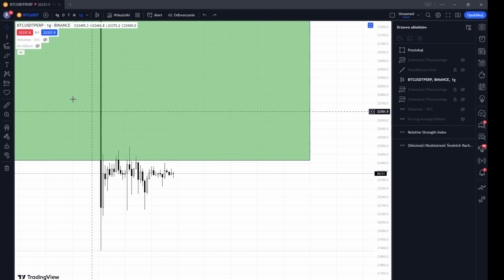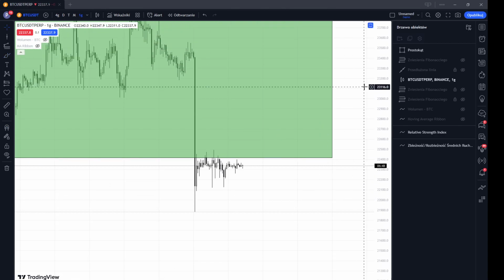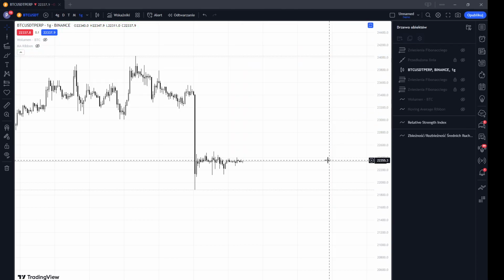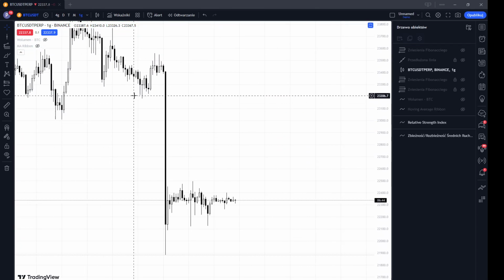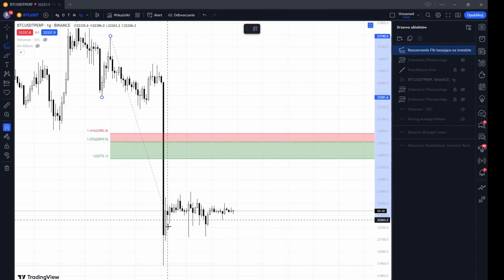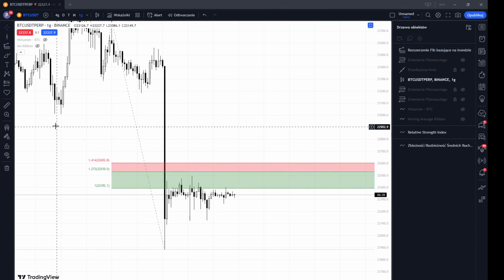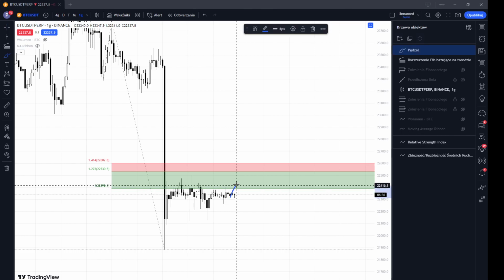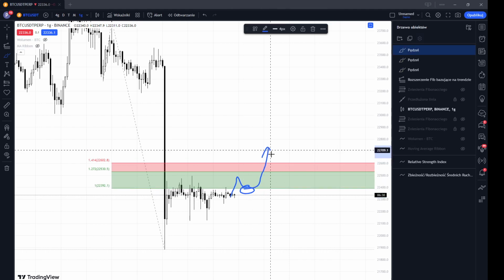On a smaller time frame, that would mean we reclaim this, hold it, we cannot lose it, and then we go back up.